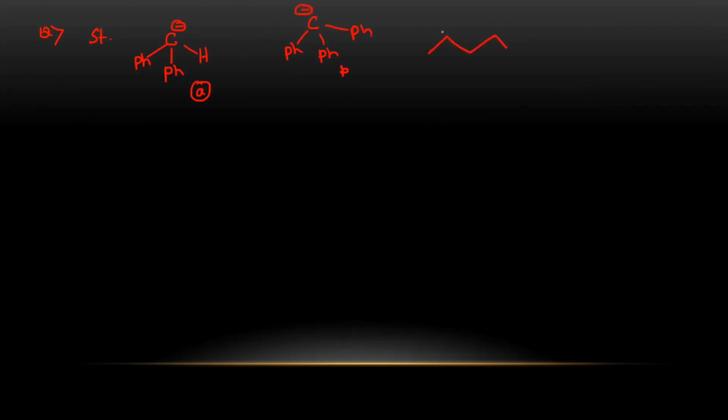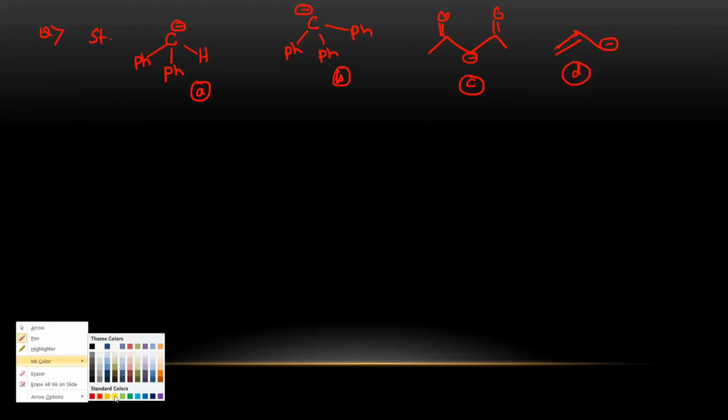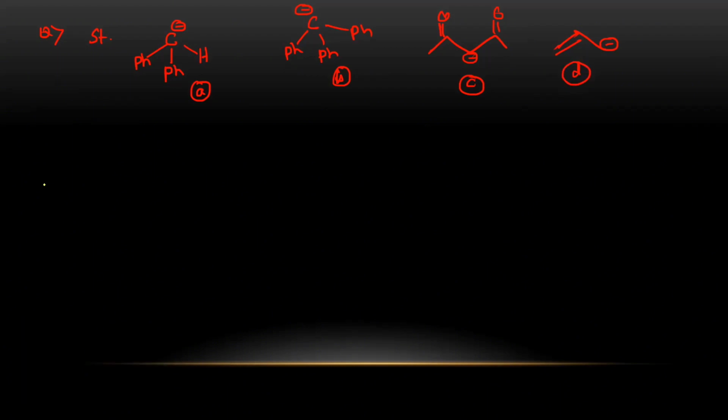Next, double bond O, negative. That is C. Fourth one is allylic anion. That is D. So it's your turn to solve this. The answer will be C greater than A greater than B greater than D.